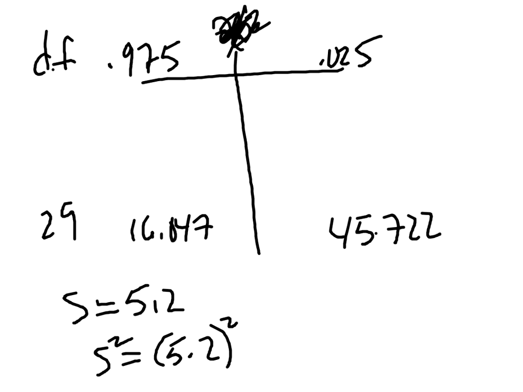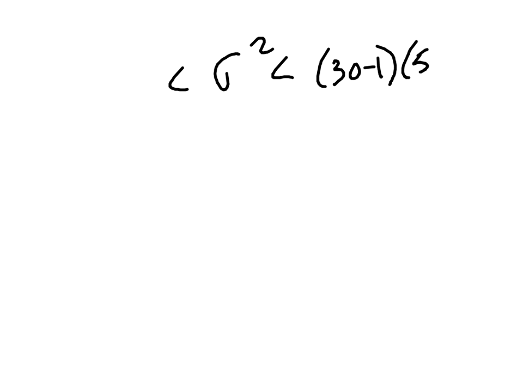Or you could just square 5.2, but I'm pointing out the way the book wants us to think about this. So we end up with 30 minus 1. I could have just written 29, but we're doing everything by the book here. And I've already mentioned why we need to square the 5.2.